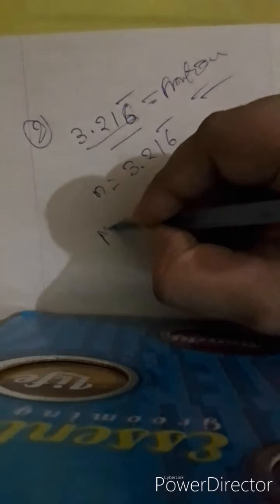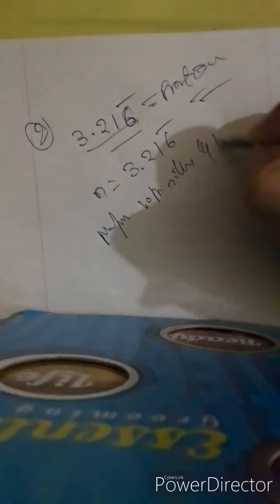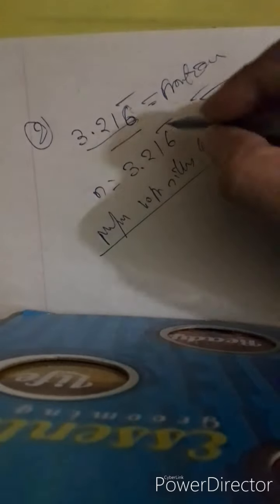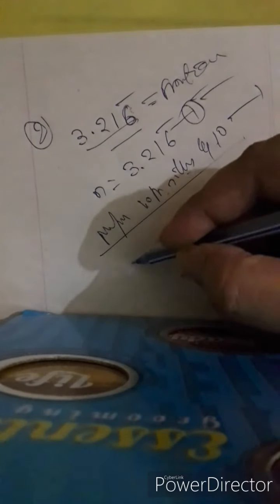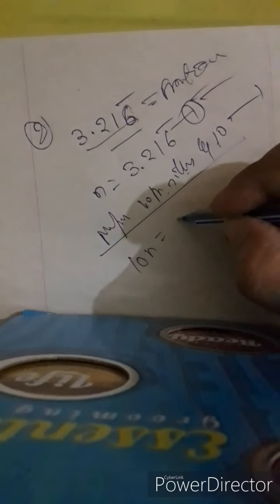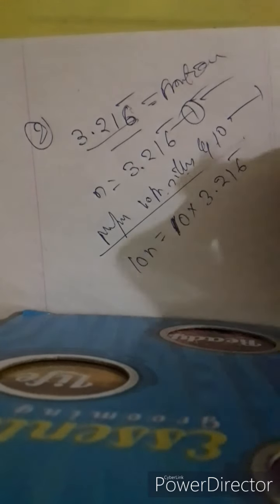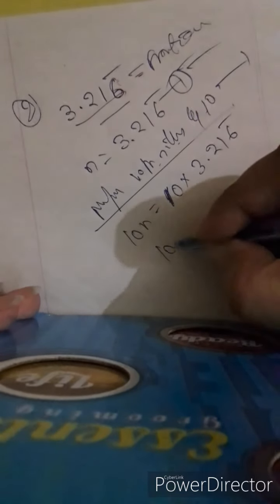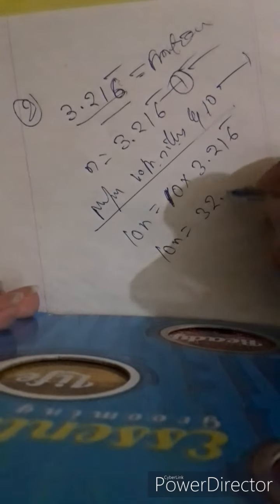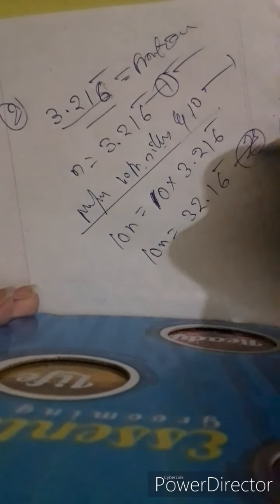So multiplying both sides by 10. This was equation 1. After multiplying both sides by 10, what do we get? 10n equals 10 into 3.216 bar. So we get 10n equals 32.16 bar. That is equation 2.